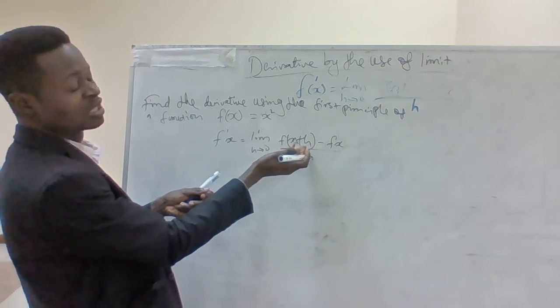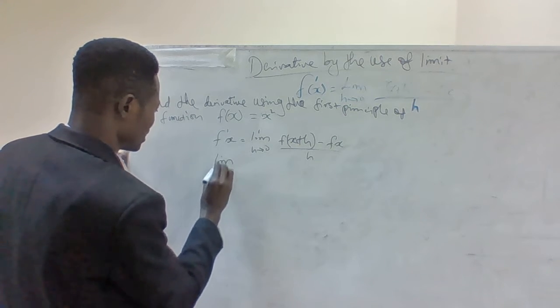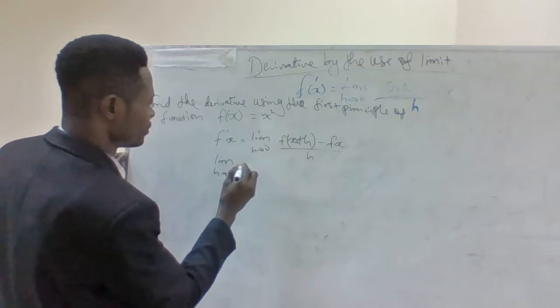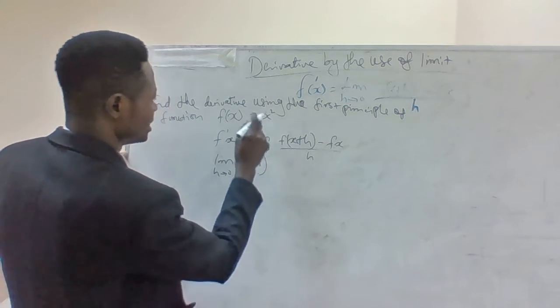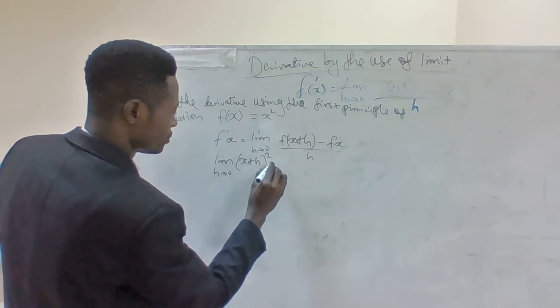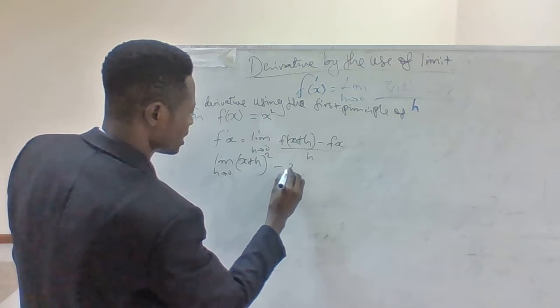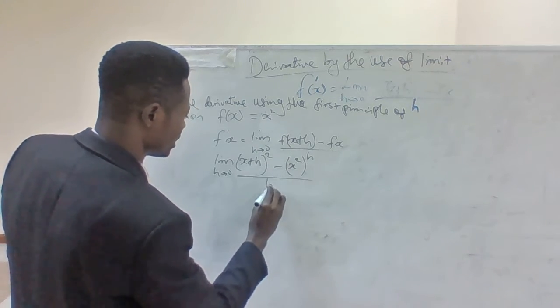That is the function. So we have the limit as h approaches 0 of x plus h, but here it is squared, minus f of x. What is our f of x? It is x squared.